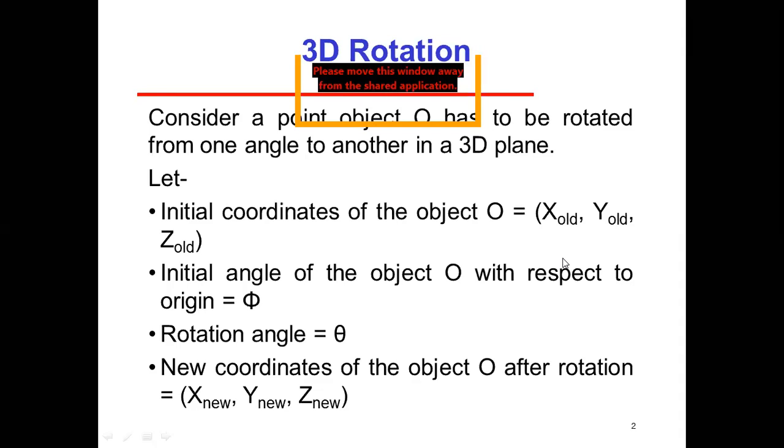So this value will be provided to us. It may be 30 degree, 45 degree, and so on. That will be given in the problem, and we can handle it by putting the value of theta in the given equations, or in the matrix formulation. So the new coordinates of the object O after rotation are x new, comma y new, comma z new.